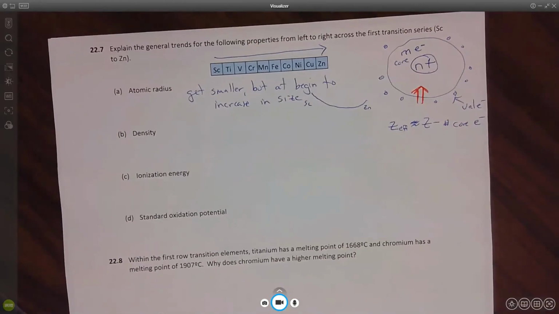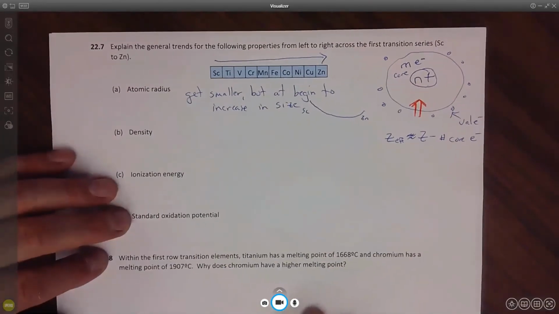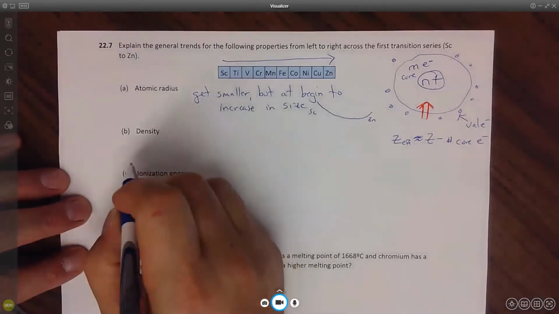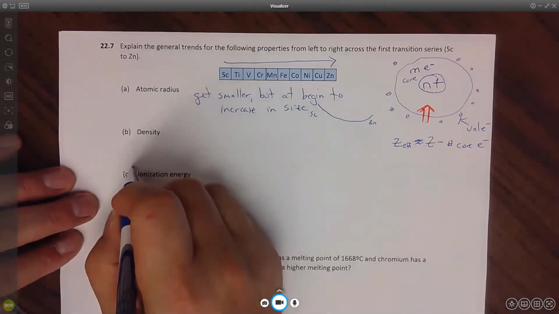Okay, Hannah, what happens to the density? The density starts smaller and then gets bigger and then goes down to small again. So you're saying like this, it gets bigger and then smaller, right?